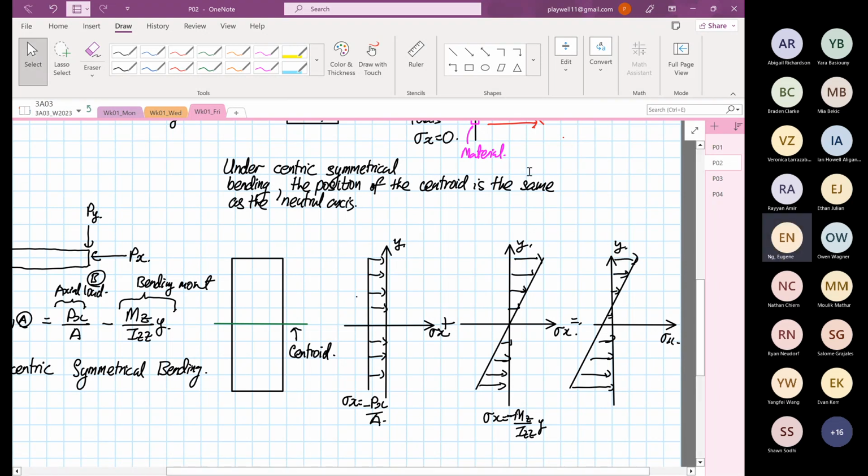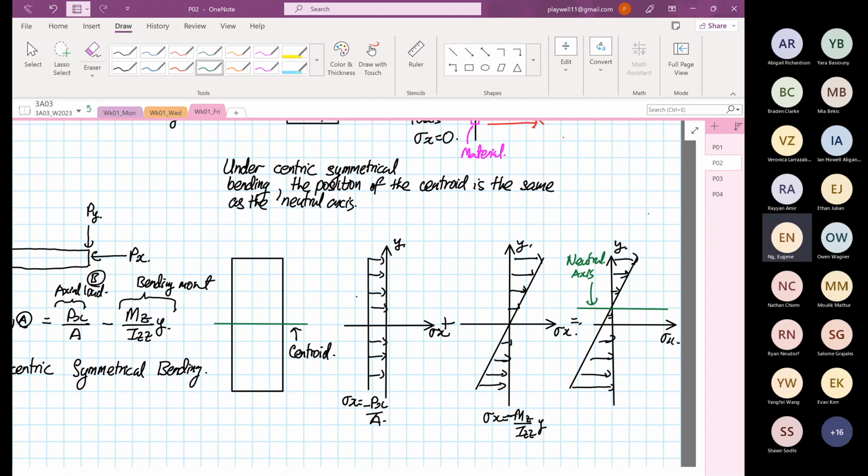So what you realize now is there's a shift in the what? Neutral axis. So now this is the position of the neutral axis, and this originally is the centroid.